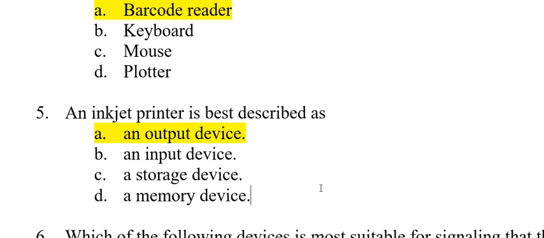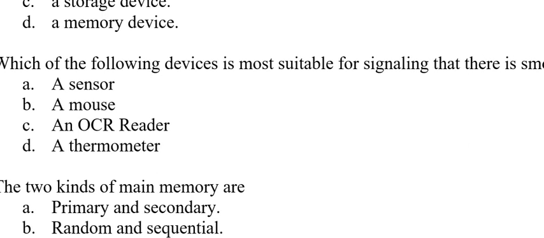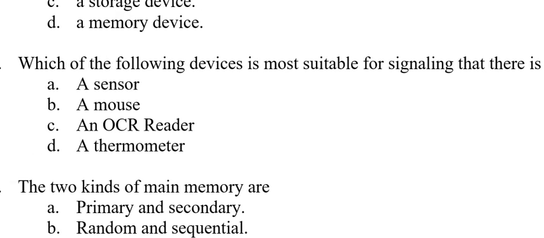Number six. Which of the following devices is most suitable for signaling that there is smoke in the area? There's smoke in the area. Okay. Let us look at the different choices here.